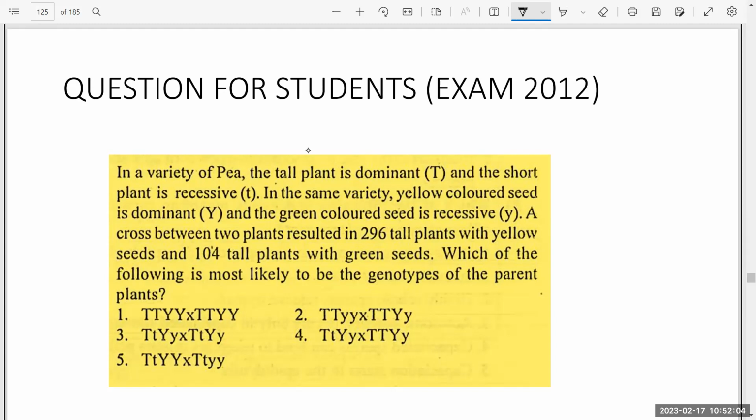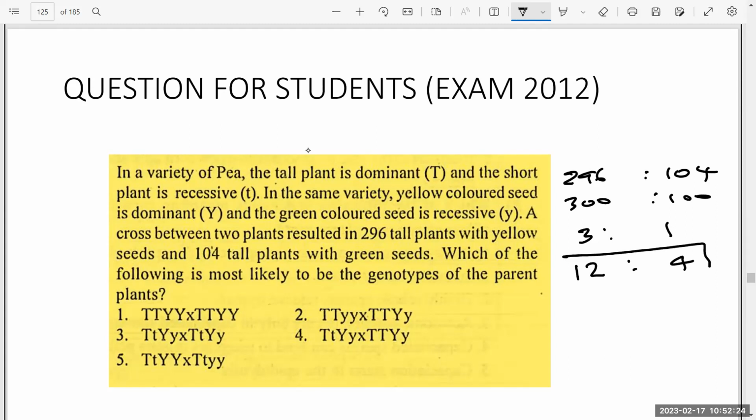So this is 296 and the other one is 104. Being large numbers, I can write 300 and 100. So rounded up to 300 to 100, that is 3 to 1. 3 to 1 means, with Mendel understanding, if you could quickly understand, it should be 12 to 4. So this is the ratio then. So then it's very easy.